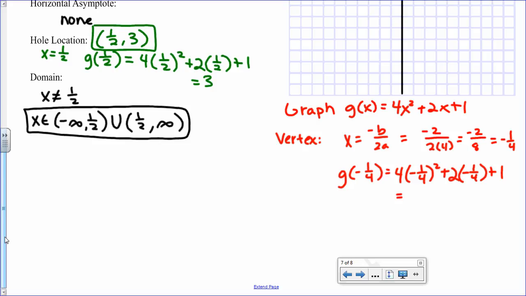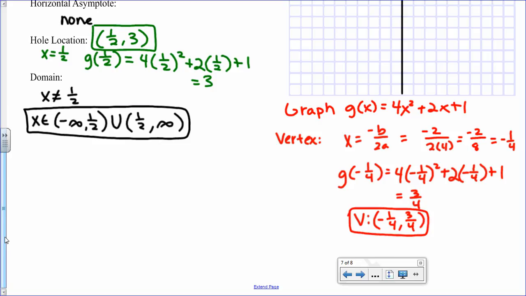We should get 3/4. So my vertex is (negative 1/4, 3/4).